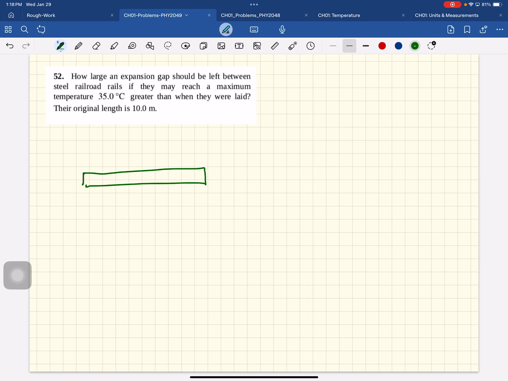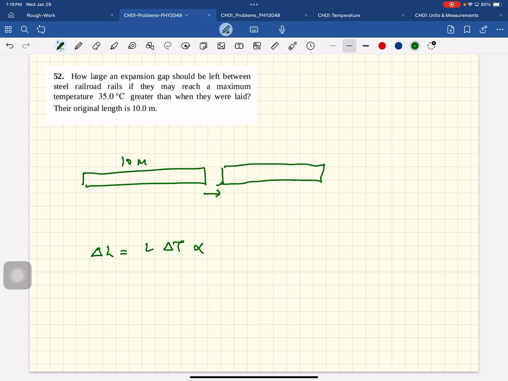Here's one rail. The gap you want to leave is the room for each rail to grow. This is 10 meters. You saw that the increase in length is original length times rise in temperature times alpha.